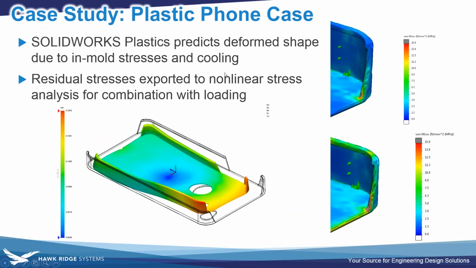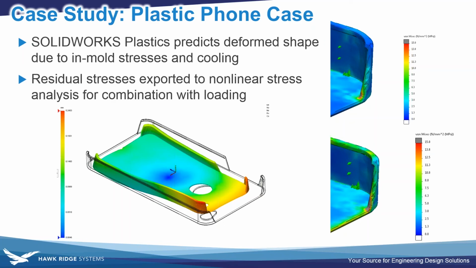Primarily, what is often of interest from those types of results, assuming you don't have weld line issues or that those have been resolved, is what the actual shape of the part is and what the dimensions of the part are once that molding process is finished.